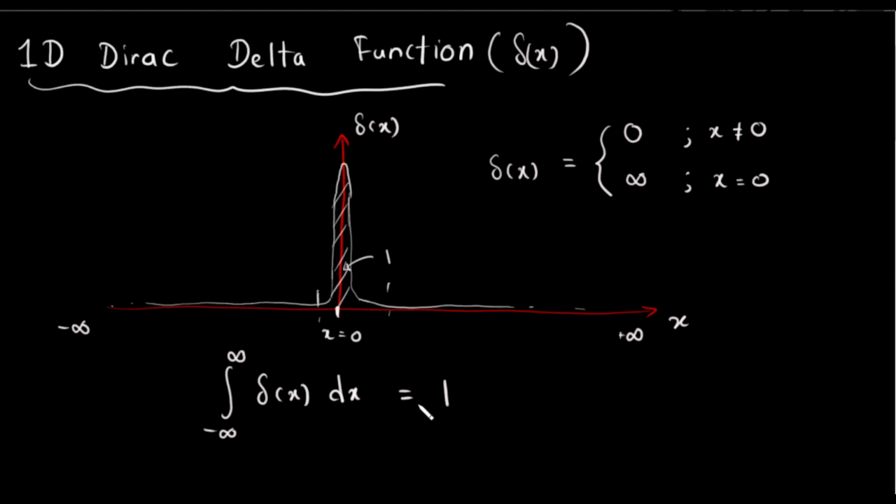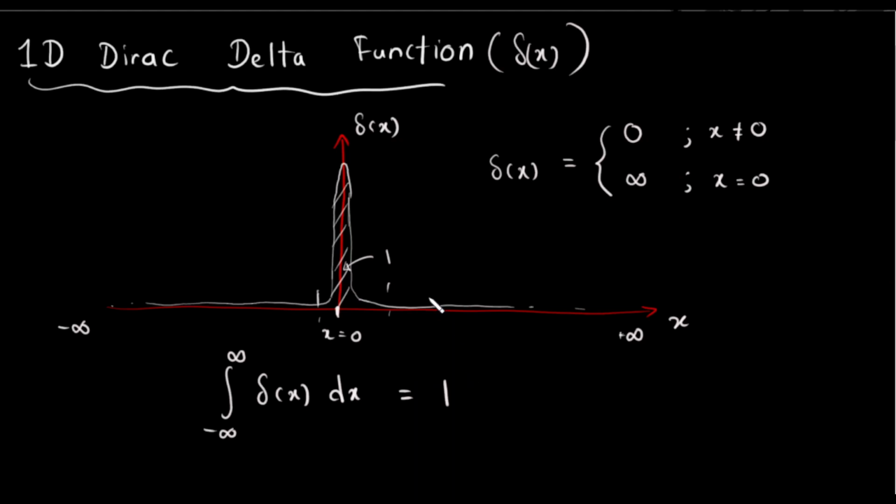Now we have considered that the area of this delta function, when you graphically represent it, is 1. So if you integrate this delta function, you should get 1 as the value.